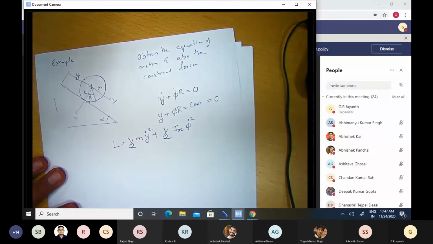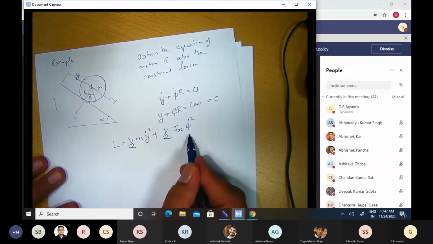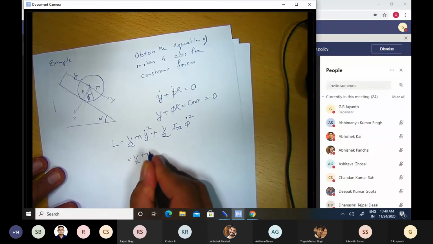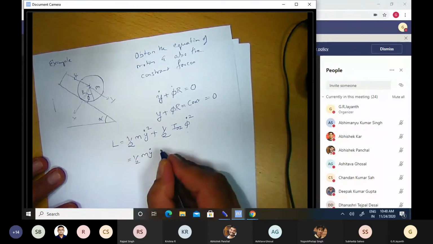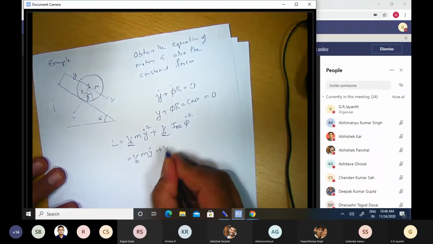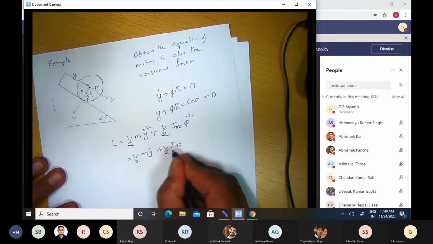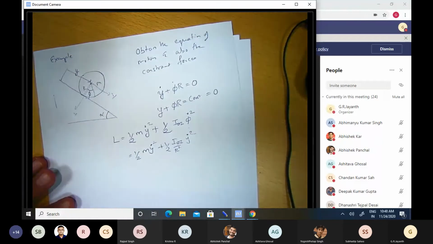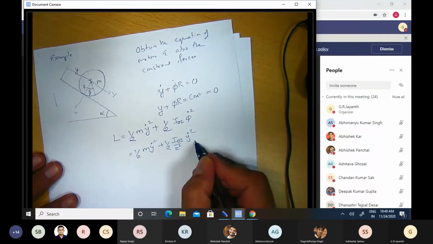That's it. Now I can directly replace phi dot and write it in terms of y dot, because y dot plus phi dot r is equal to 0. So I can write this as plus half I0z by r square y dot square. So now I have the kinetic energy to be just this.